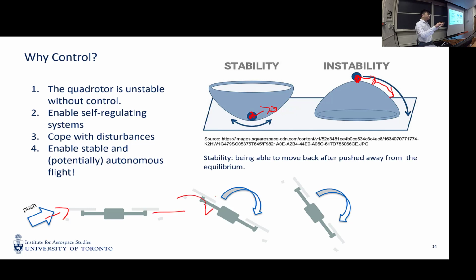So if there are no control algorithms, no other control method, this system will just keep rotating. And because it rotates, the lift will have a horizontal component. So by rotating, the lift will actually drive the system away from the equilibrium without coming back. So that's the key reason why we need to use control on such quadrotors and multi-rotors.